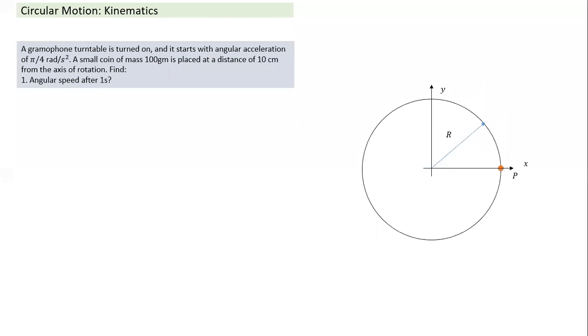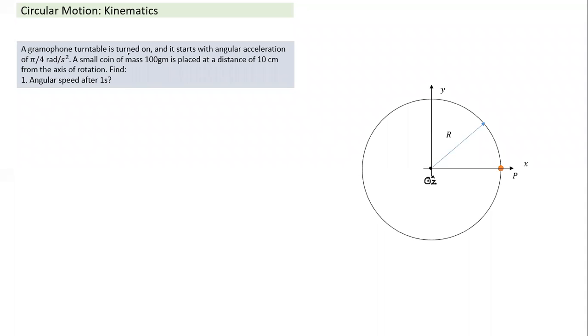So let's try and apply this to a simple example. A gramophone turntable is turned on. You would have seen a gramophone turntable, or anything you can think of that is a horizontal surface rotating about a vertical axis. This lies in the XY plane, and this is your vertical direction, the z cap direction, and it is set into rotation.